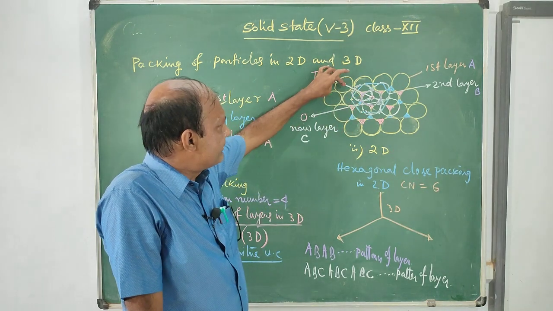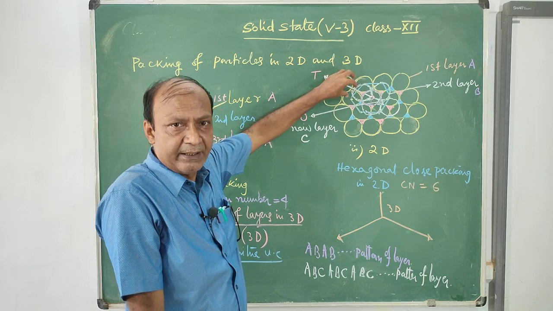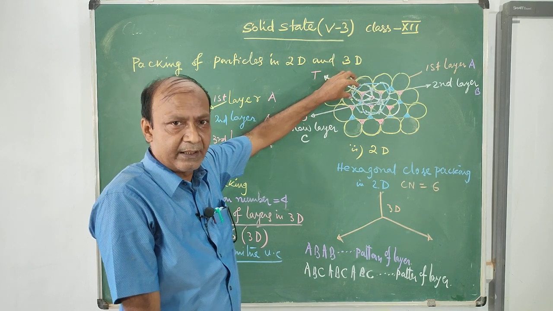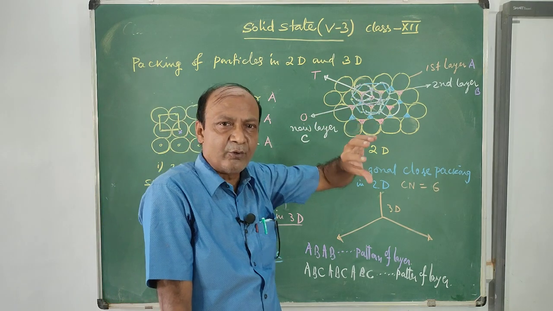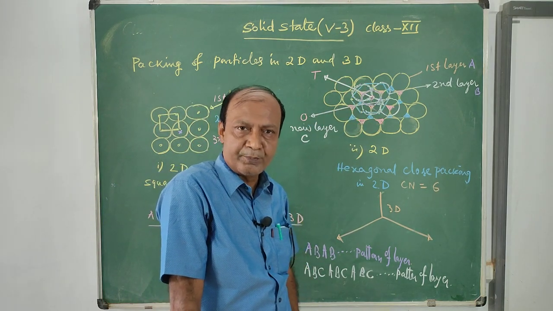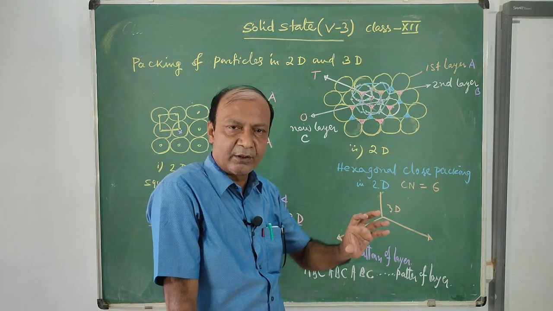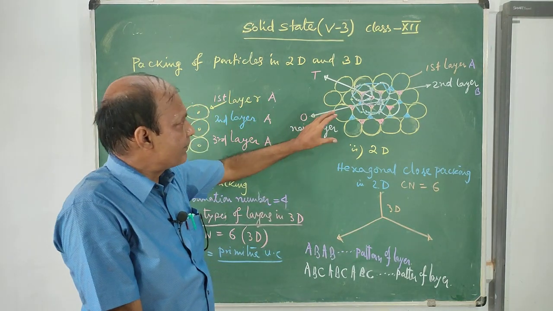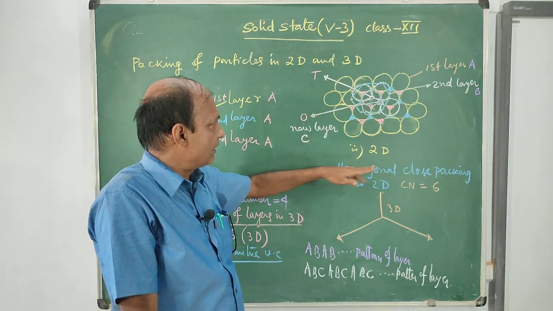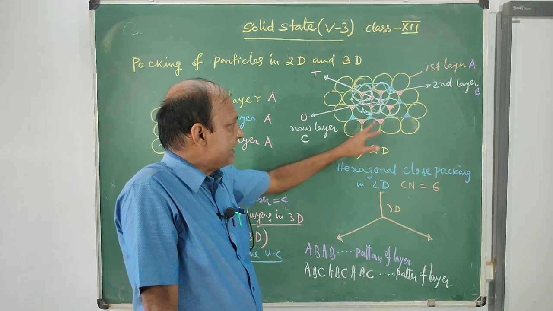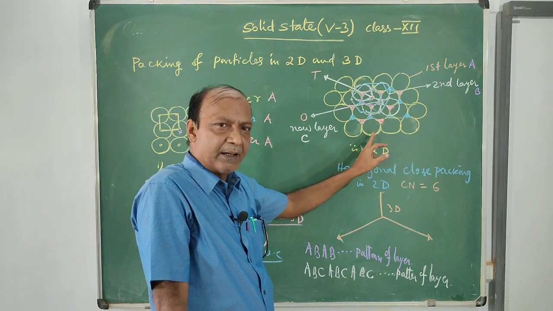You cannot put the spheres just above the centers of the spheres of the first layer. That will not be hexagonal close packing. In order to maintain hexagonal close packing, each particle will be surrounded by 6 particles.